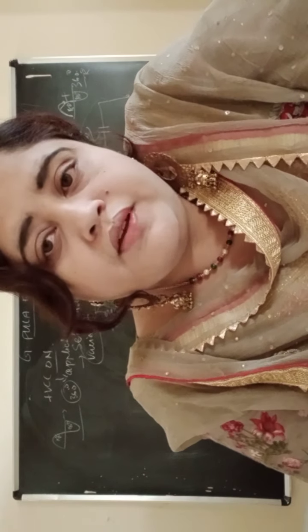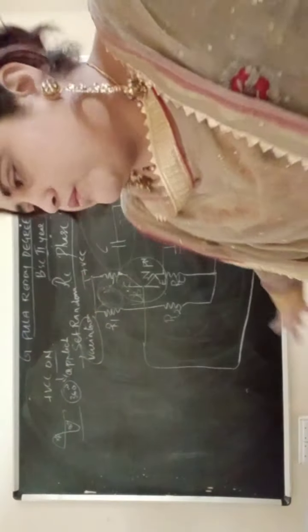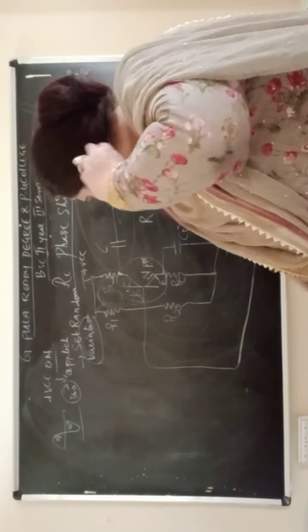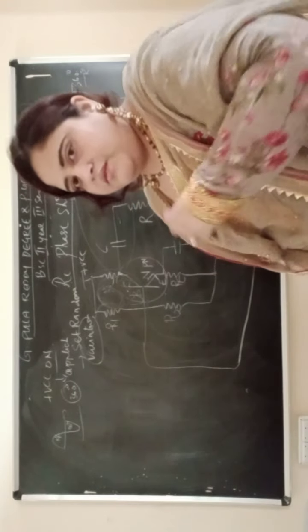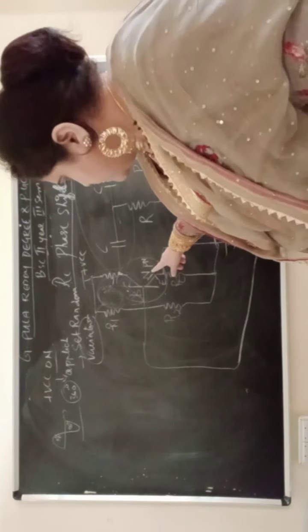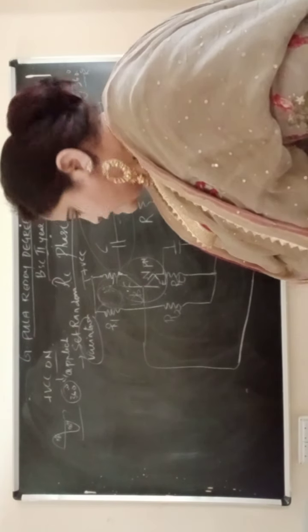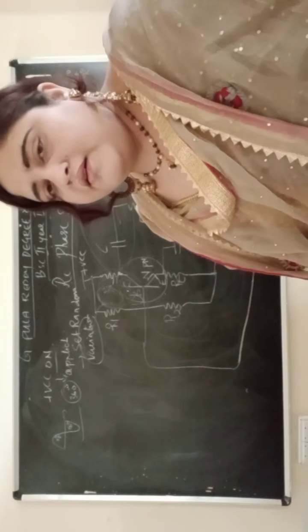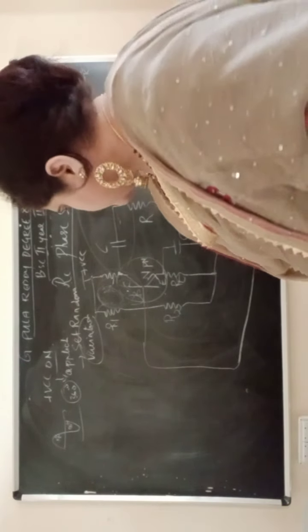Then we went for the circuit diagram. You can see the circuit diagram on the board. Then we went for the circuit description. It consists of an NPN transistor, resistors R1, R2, and RE, which provide the necessary bias condition. CE is the emitter bypass capacitor.